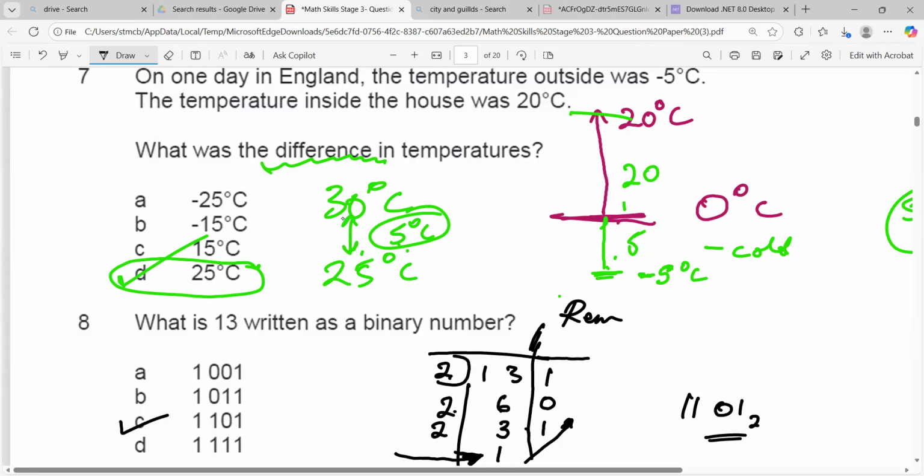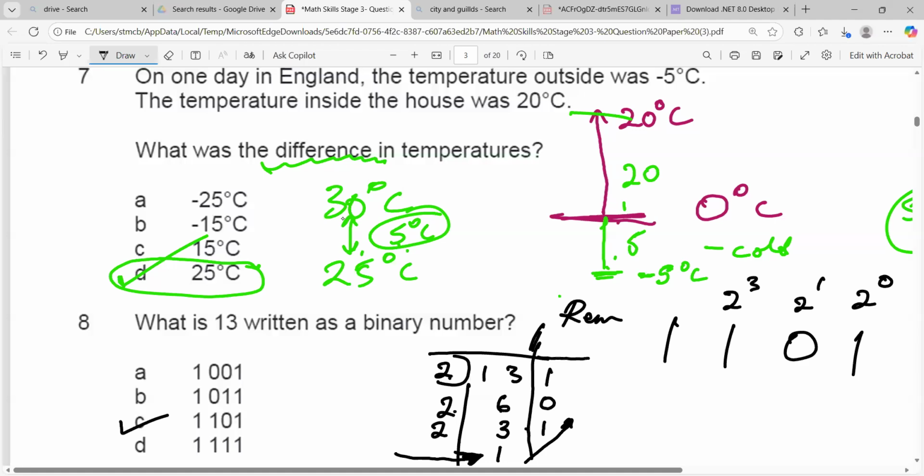And guys, just to say something as well. To get back the 13, this is how we do it, because this is base 2. Let me space it out so you can see. We start with 2 to the 0, 2 to the 1, 2 to the 2, and 2 to the 3rd. 2 to the 0 is 1.